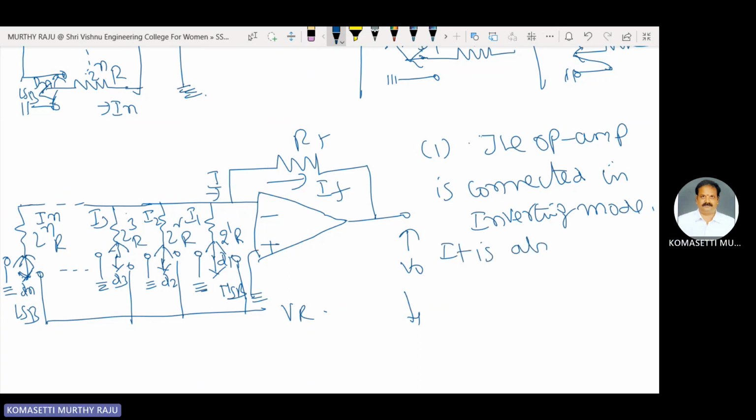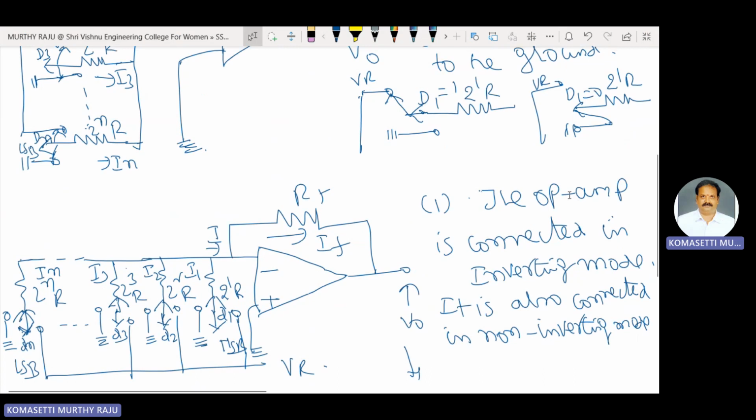In non-inverting mode, this weighted resistor circuit diagram is connected to the positive terminal of the op amp. The negative terminal of the op amp is connected to ground.